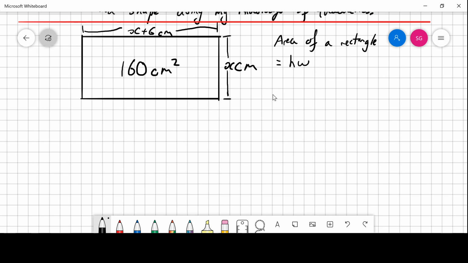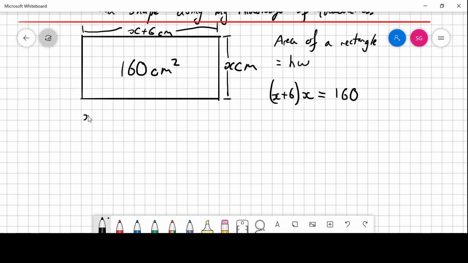So we know from this that x plus 6, the width, multiplied by x, the height, is going to equal 160, right? We know this from our knowledge of the area of a rectangle.